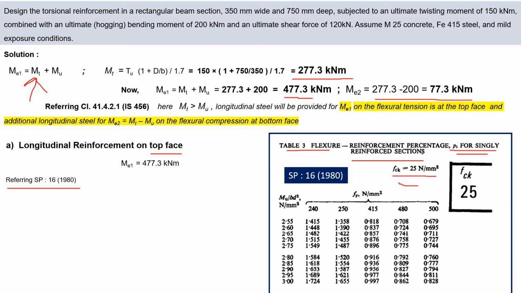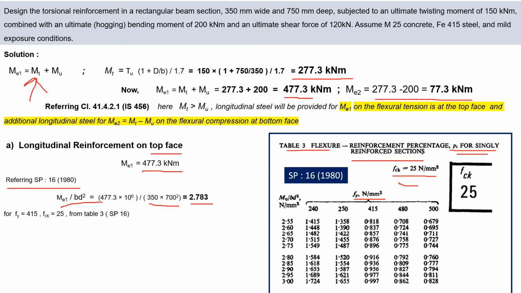For getting the value of the percentage of steel, we need two values. One is Mu by bd square, and the second one is the fy value, that is the yield strength of the steel which we are going to use. Now in the current problem, we are calculating ME1 by bd square. ME1 is 477.3 into 10 raised to power 6, making it Newton millimeter, divided by bd square, where the width of the beam is 350 and the effective depth of the section is 700.